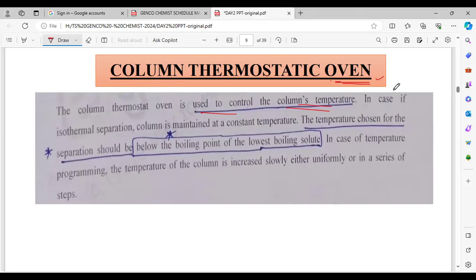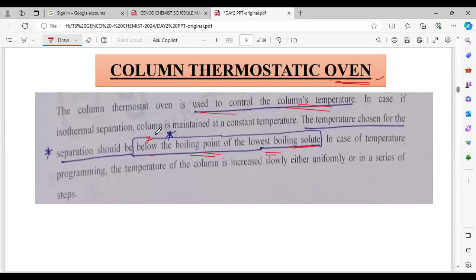The temperature chosen for the separation should be below the boiling point of the lowest boiling component. This is important for the oven function. Earlier I discussed that the sample injection port temperature is above the sample components' boiling point.